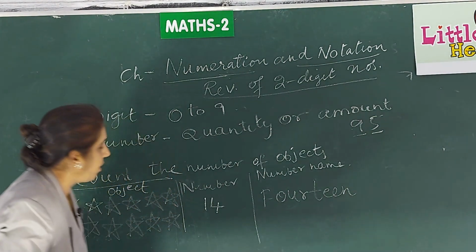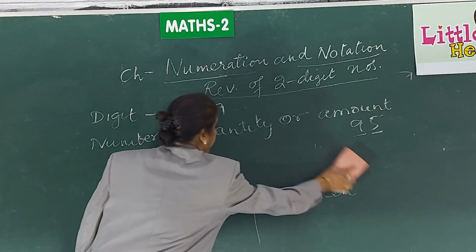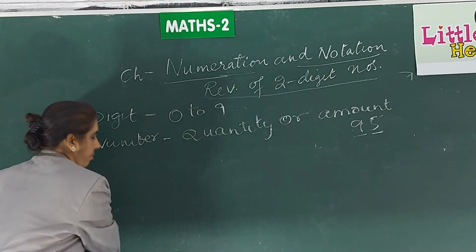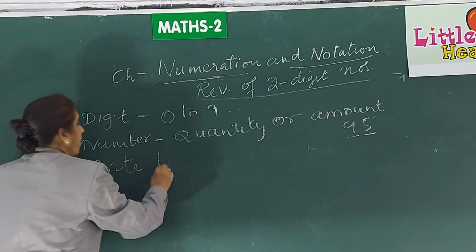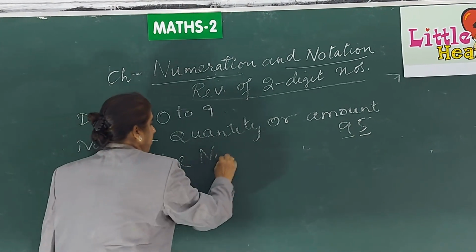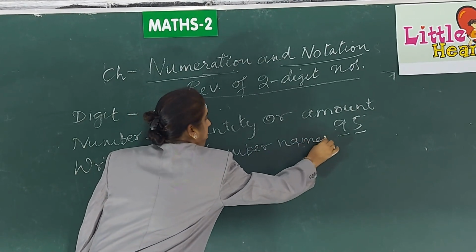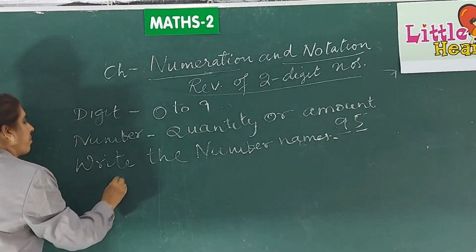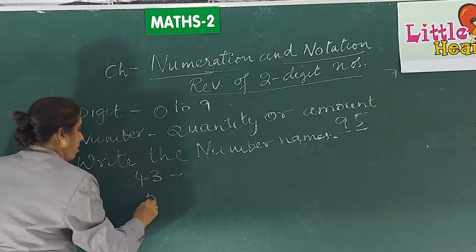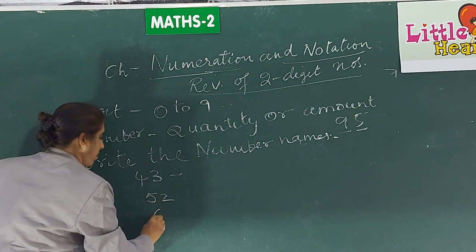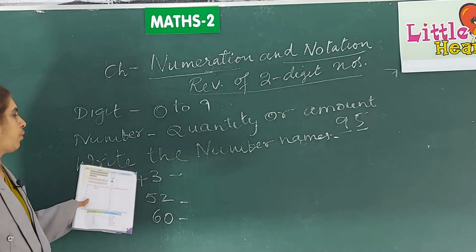Now we shall write the number names of some numbers. Write the number names. What is this number? 43.